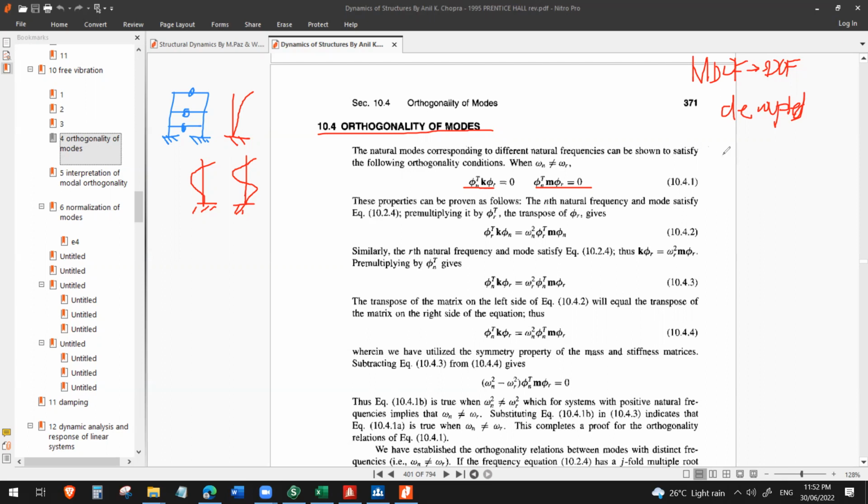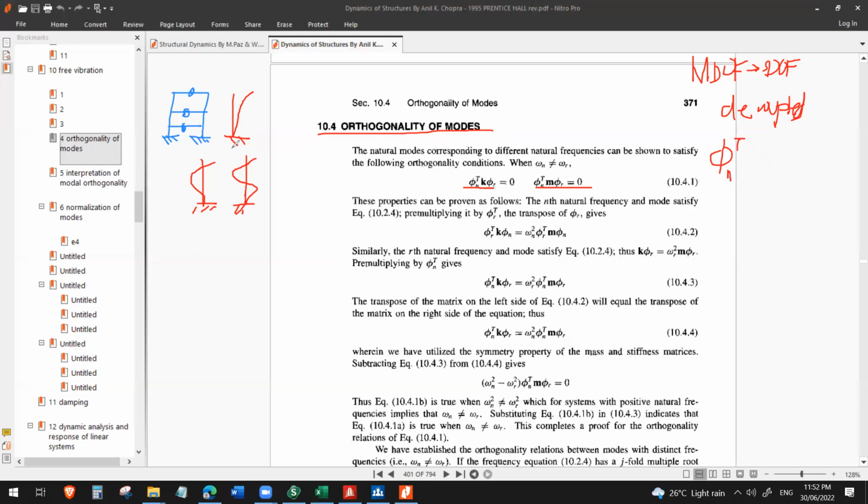condition. Let's write it: phi n transpose, meaning the transpose of the eigenvector of the nth mode.